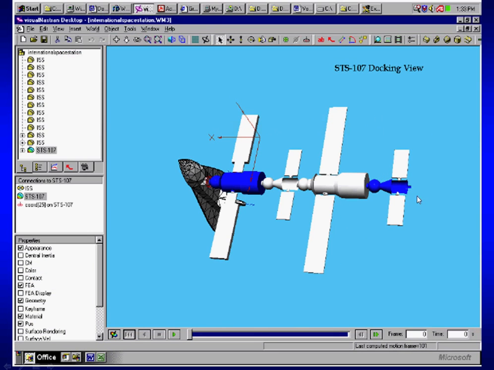This is a model of STS-107 with the space station and the space shuttle. We have moved a lot beyond the previous one. All this was worked out, and we tried two programs in parallel, SolidWorks and Pro Engineer.